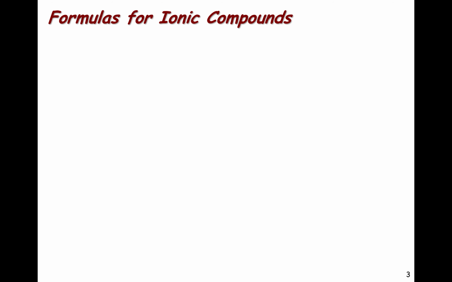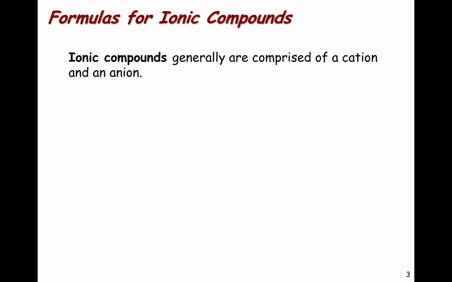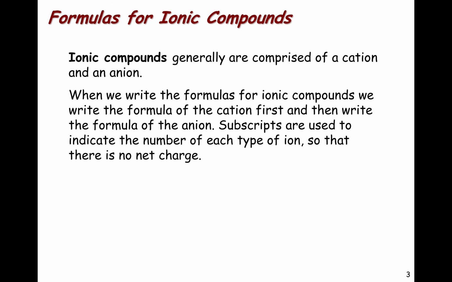When we write the formulas for ionic compounds, we sometimes will need to take into account that the cations and anions can either be monoatomic or possibly polyatomic.